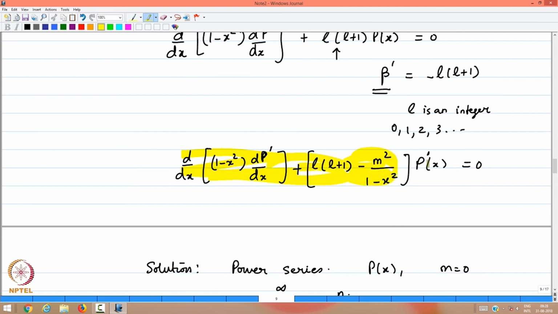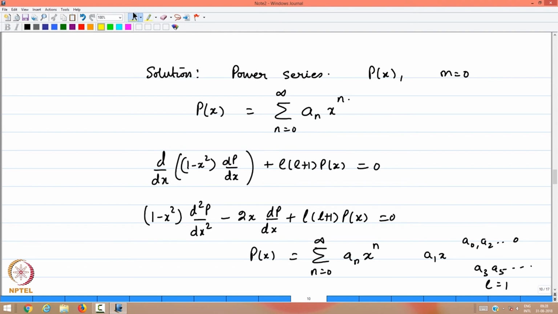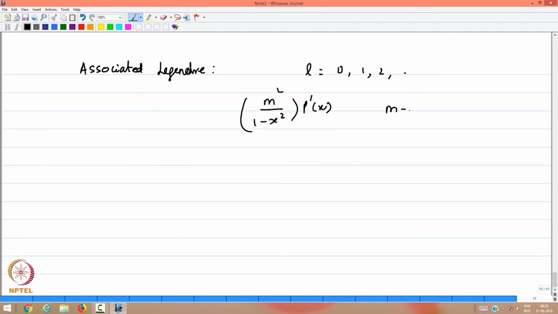Therefore, the polynomial now is indexed for one value of L and one value of m, and the same argument regarding termination of the infinite series to truncation at finite powers will ensure that m takes only those possible values, namely m equal to 0, plus minus 1, plus minus 2 until plus minus L. The plus minus is because m appears in this whole equation as m square.